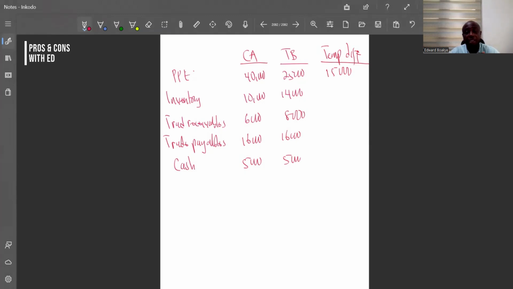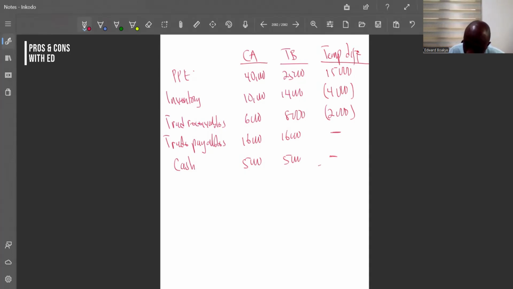So we are having a deductible temporary difference, which we can take out from the taxable temporary difference. So a deductible temporary difference of 4,000. Then trade receivables, we can see that our tax base is again higher than our carrying amount by 2,000. And trade payable, we have no difference. Cash too, we have no difference.